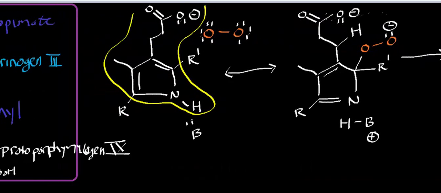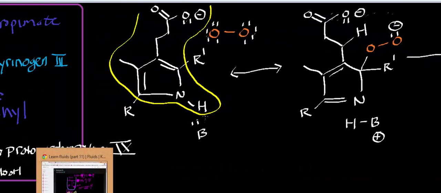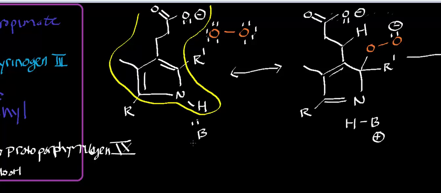Okay. So basically the first step of this mechanism is going to be a proton transfer. So this pyrrole nitrogen, okay, we're going to transfer the proton onto a base in the active site. So I'll do the mechanistic steps in green. So first we're going to abstract this proton right here, and that's going to cause a double bond rearrangement of the pyrrole ring like this.